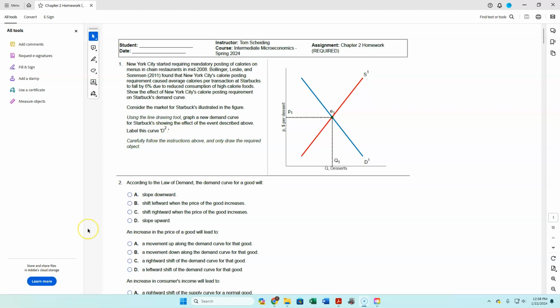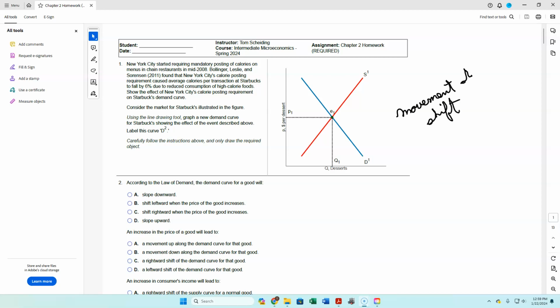I'll pause here. Okay, so in question number 1, we're talking about the fact that posting the calories here causes people to reduce their consumption of high calorie foods. So the idea here is that what you're trying to identify is, do I have a movement or a shift?